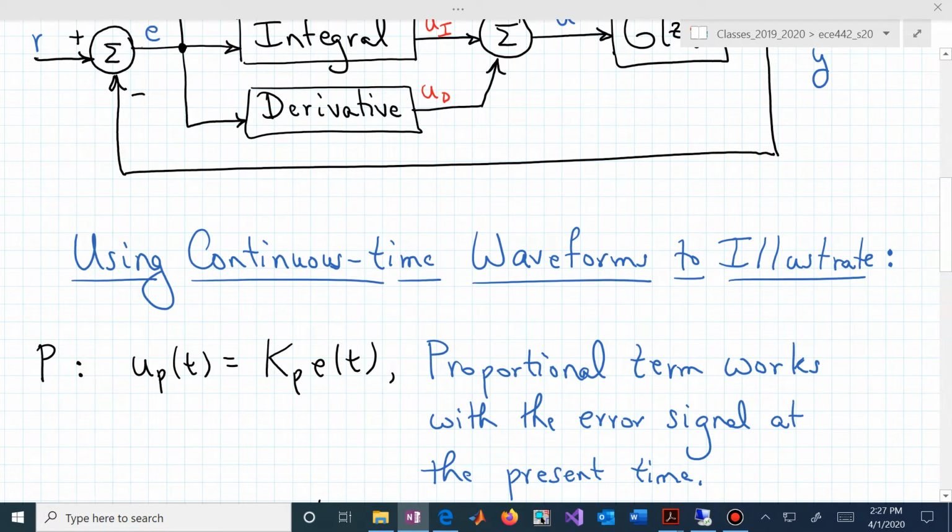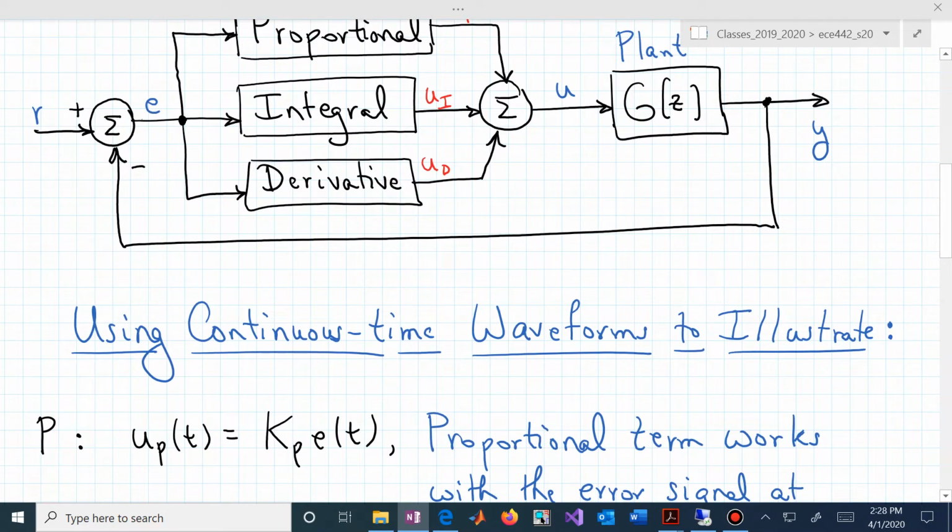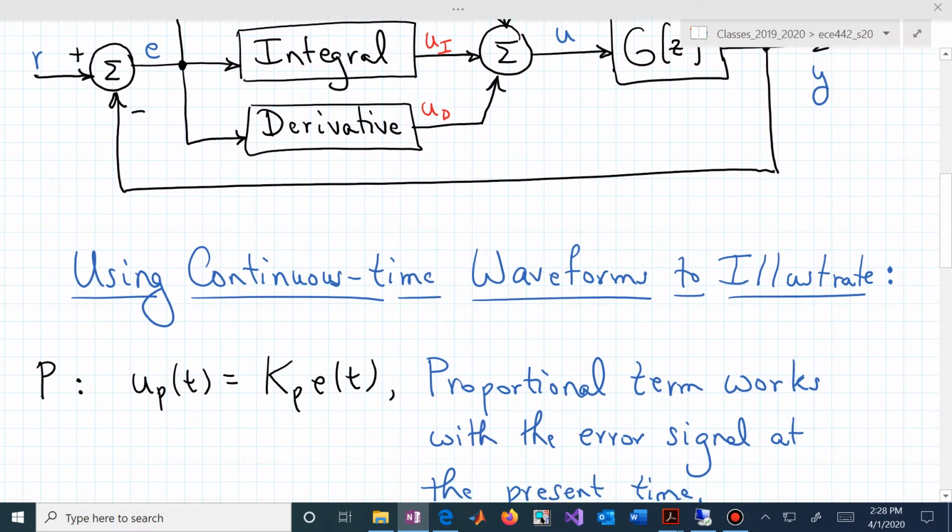The proportional control, you can see that here. K sub P is just scaling linearly the error signal and using that to produce this U sub P, the top component in this three-part input that makes up the total input driving the plant.